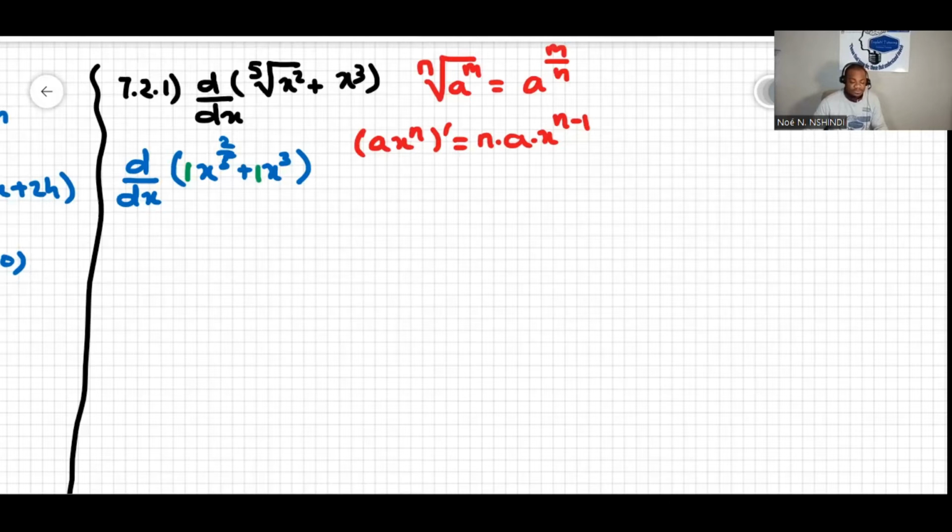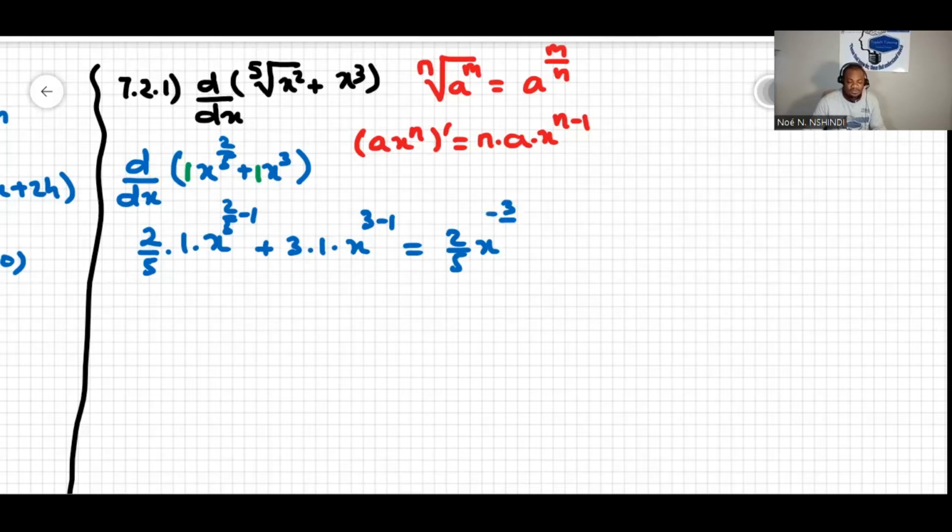Now let's solve this. When we solve this, we don't need to write d over dx anymore. We can just write 2 over 5, n times 1 times x to the power of 2 over 5 minus 1, plus 3, n times a, which is 1, times x to the power of 3 minus 1. Now this will be equal to 2 over 5 x to the power of 2 over 5 minus 1, which is negative 3 over 5.